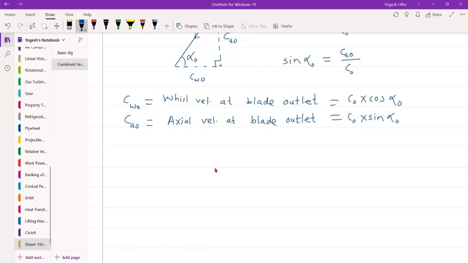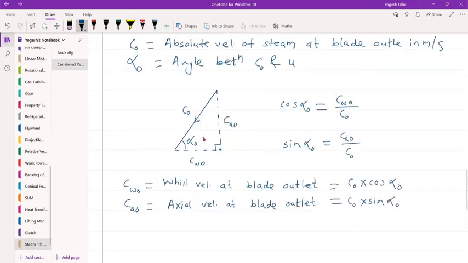Okay, please, everyone, note these two points, CWO and CAO. Start drawing. First of all, draw this drawing. Then write down these two points, and after that write down this one. This is our whirl velocity at outlet and axial velocity at blade outlet, CWO and CAO.